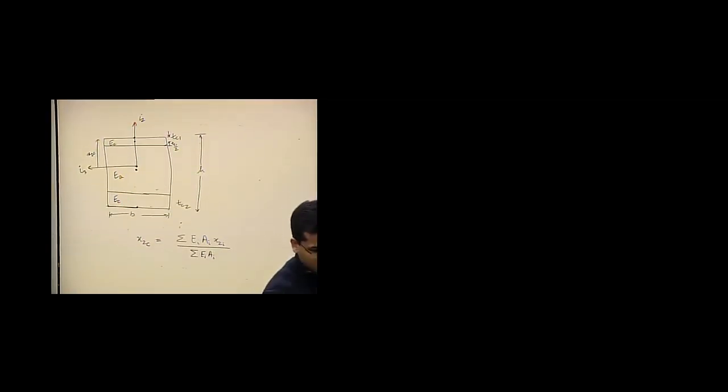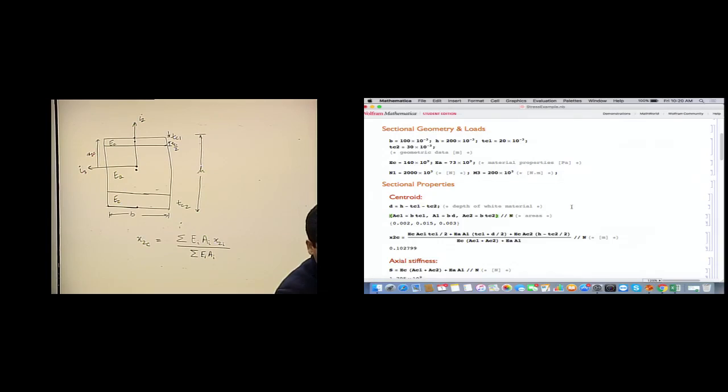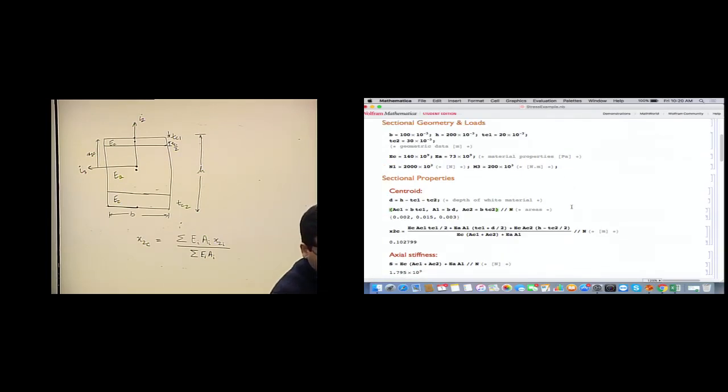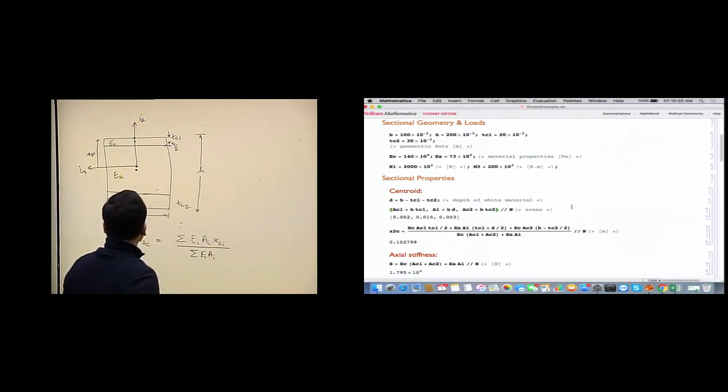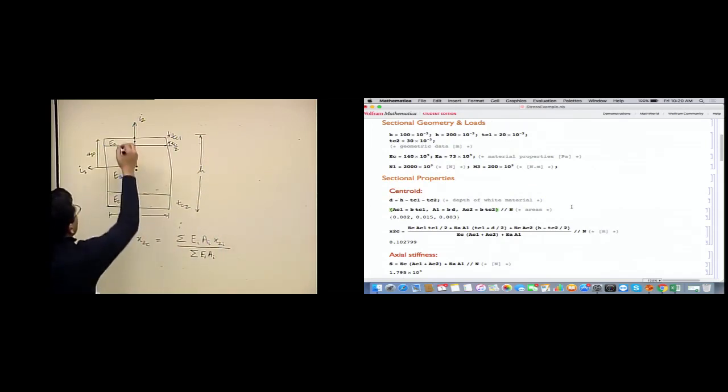So the X2C is measured from here. So I think everything is from this. So my frame is attached here, the initial frame.